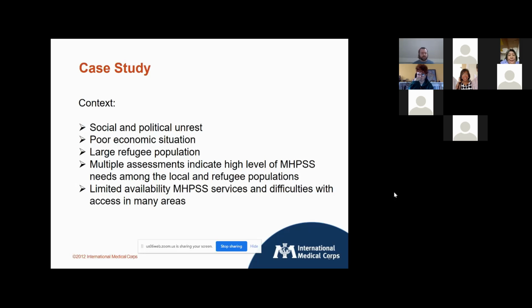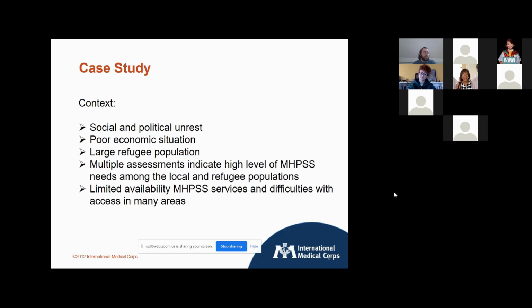In addition to this, in Lebanon, there is and has been a lot of limitations in terms of the availability and also the access to MHPSS services within the country over the years. There have been numerous efforts by the government through the Ministry of Public Health and the National Mental Health Programme, and local and international organizations, to try to address these gaps and the needs of the population residing in Lebanon.